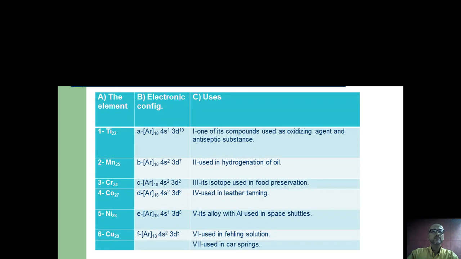The next is join. You will join from B to C. What suits A? The first point is titanium 22. The right choice here from column B is C, excellent. After argon configuration, 4S2 3D2.